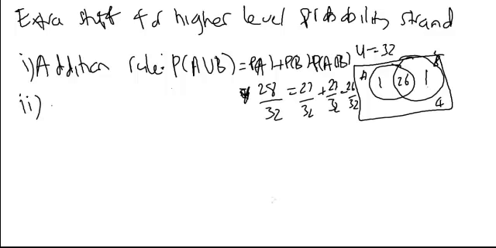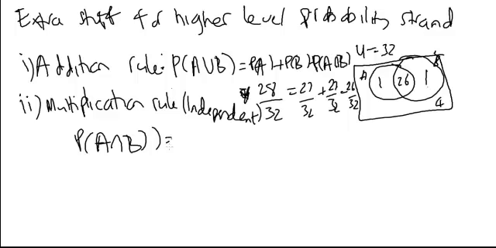If A and B are independent, so if I toss 2 coins, or if I roll many dice, it doesn't matter what's happened before. They're all independent. Then the probability that it's both A and B is equal to the probability of A multiplied by the probability of B.